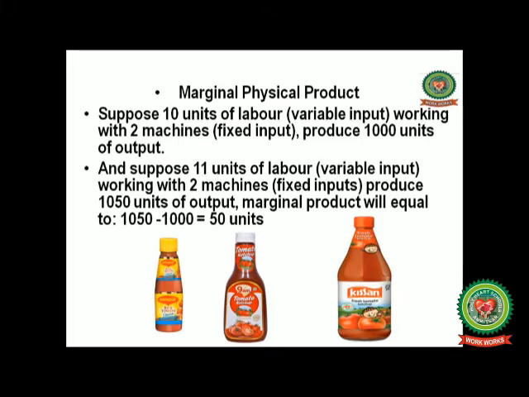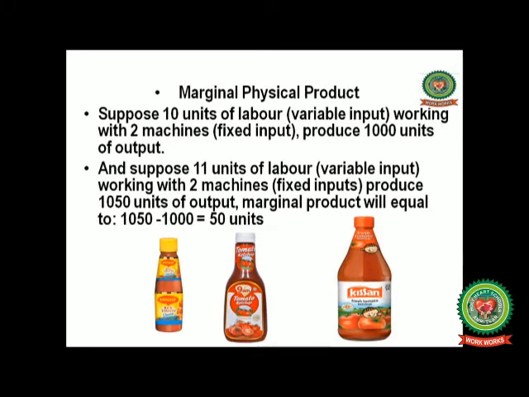Now previously production with the combination of 2 by 10 was 1000 units of output, but with the combination of 2 by 11, our output has increased from 1000 units to 1050 units of the sauce.